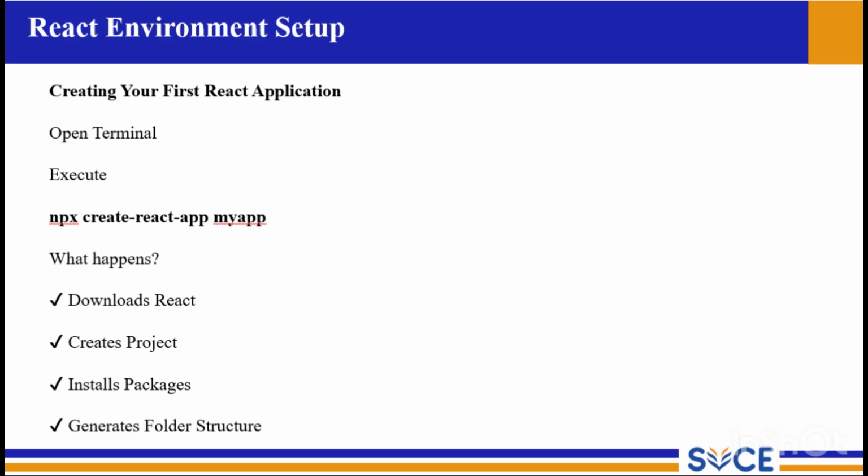The next part, create-react-app, is an official React tool used to create a new React project. Instead of manually creating folders, configuration files, and installing dependencies, this tool performs all those tasks automatically.